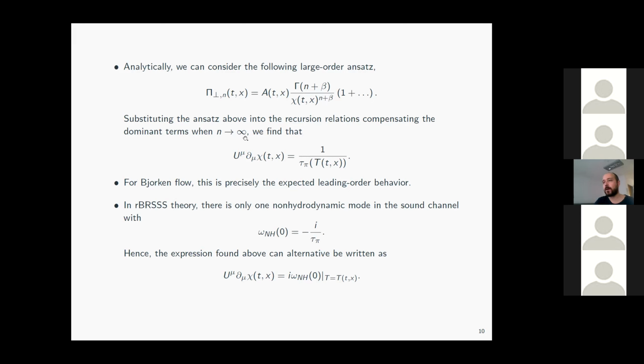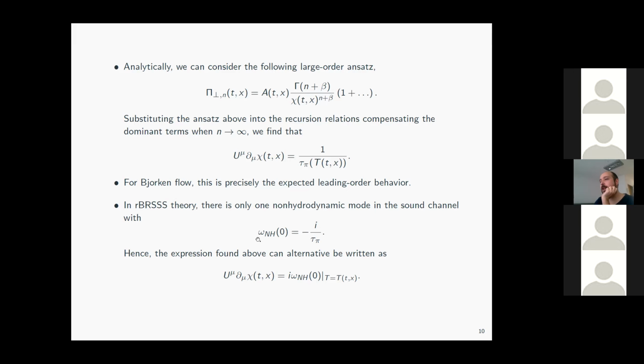And for Bjorken flow, I have to say that this is precisely the leading order behavior. This is precisely the behavior that you would expect. And I should also mention that in BRSSS theory, for a sound channel fluctuation, you only have one non-hydrodynamic mode which obeys this property.